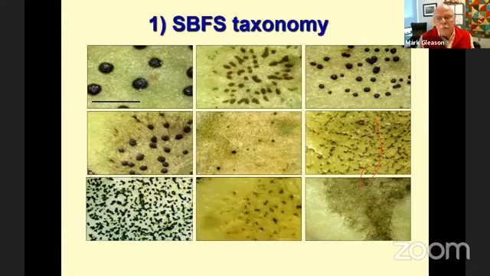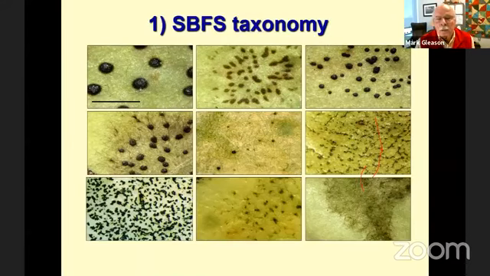So here we have to cross this bridge of taxonomy in order to be able to understand how these fungi function and how to better control them when growing apples or other fruit that they colonize. And you can see in this set of photographs that there are many different colony types.